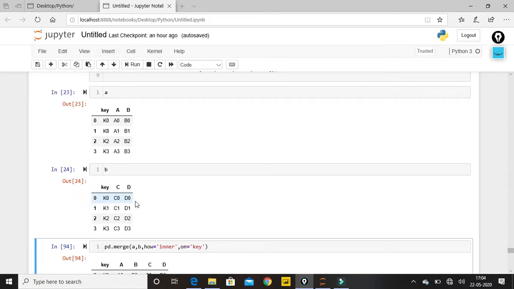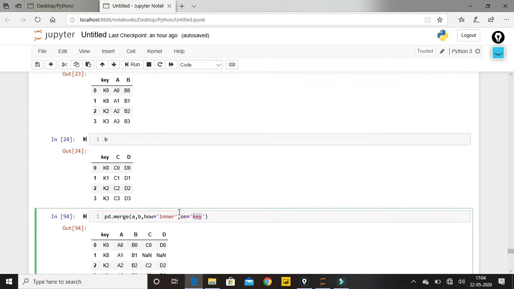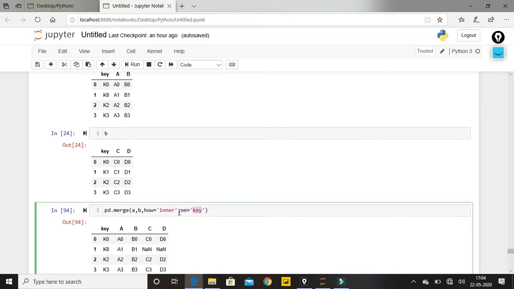So now if I use this inner, we know inner means intersection, whatever is common between these two data frames, it will give us as output. And the reference column is nothing but my key. So you will be able to find the output. Let me just scroll so that everything is visible in one window.